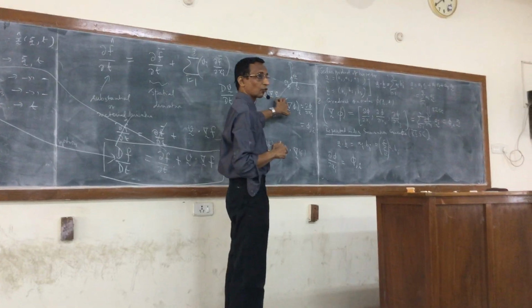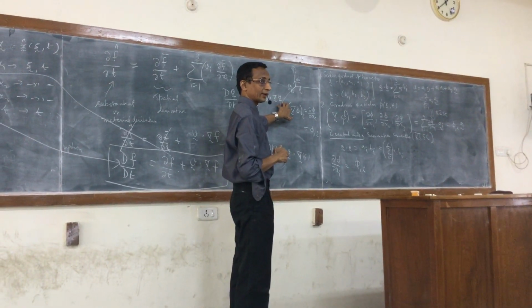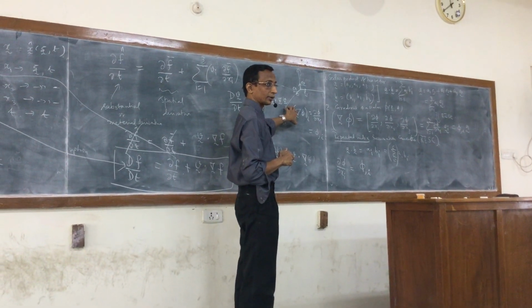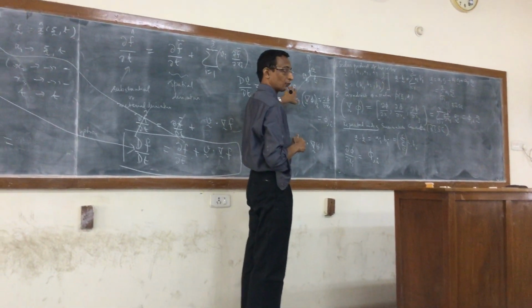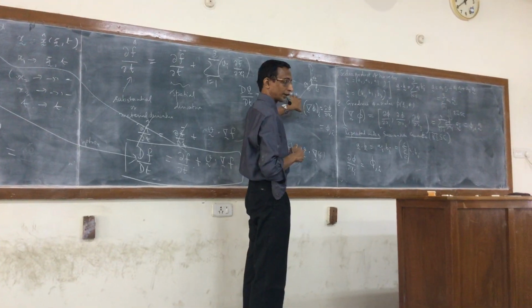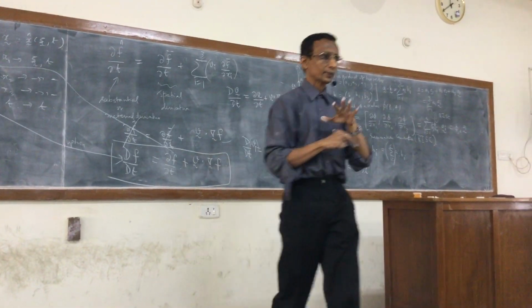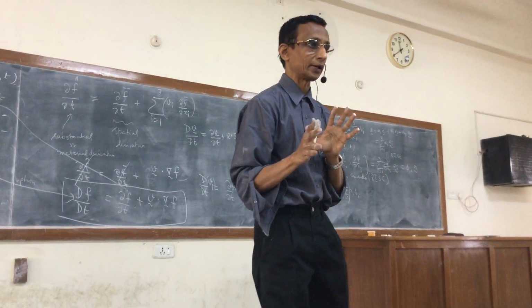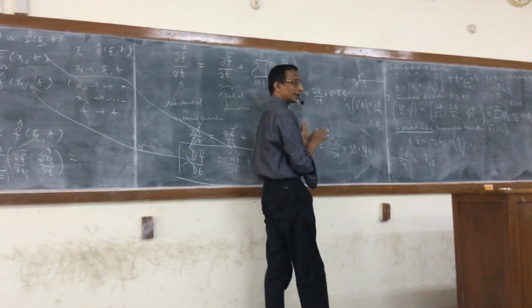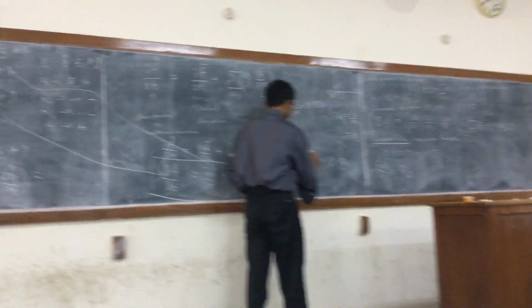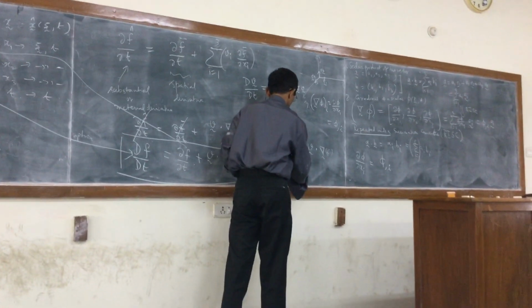I haven't introduced what the gradient of a vector would be. It would actually be a second order tensor. Then I have to explain what I mean by the dot product of a vector with a second order tensor. So I am not going to explain it now, we will explain it later. Right? But however, if I want to simply calculate, what would I do? I can use the same formula.